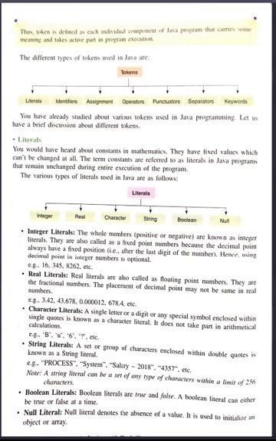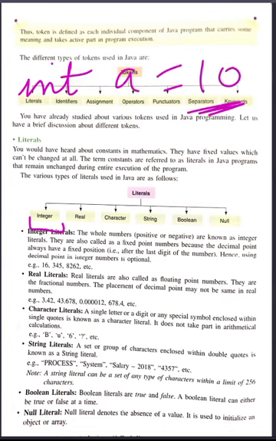Different types of literals are, first, the integer literal. Suppose I have written int a = 10. This 10 is an integer literal, or minus 10 is also an integer literal. They can be positive or negative numbers, but without a decimal point.